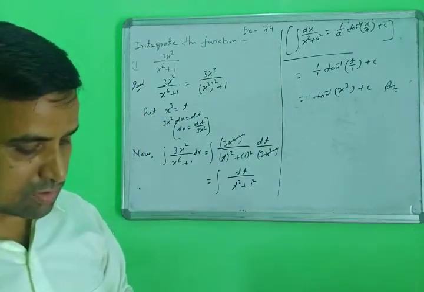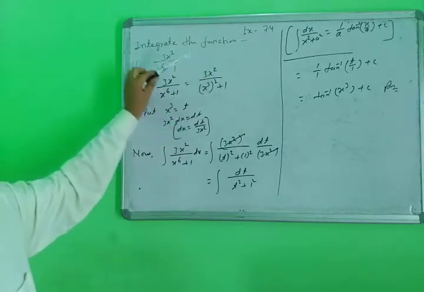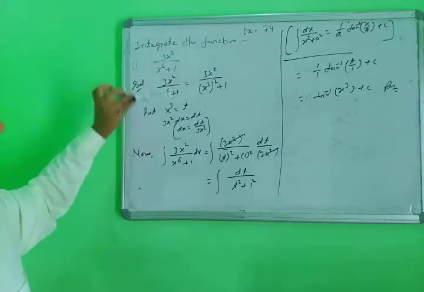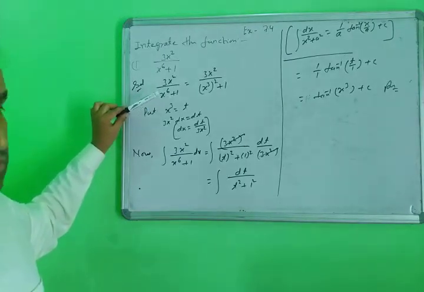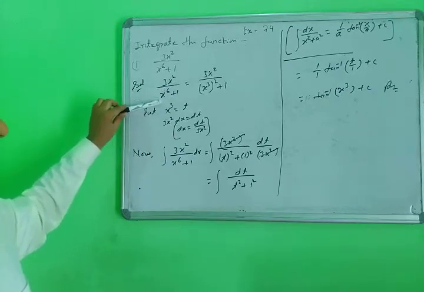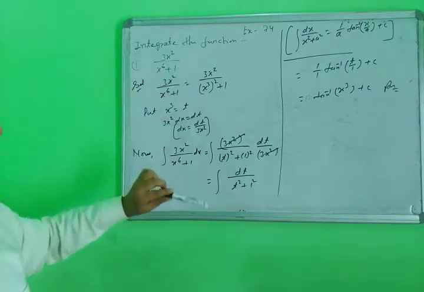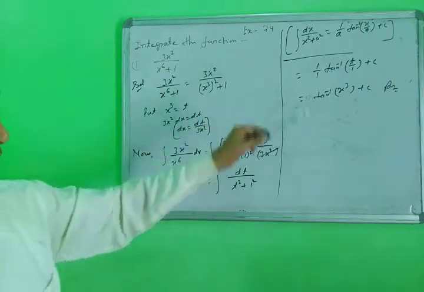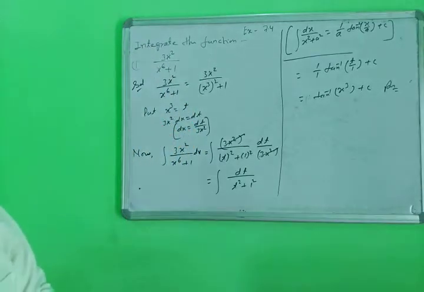A very simple question, but when you start the question, observe which identity to use here, what to substitute here, or whether any other identity is used. Suppose you break it down this way, then your question is very easily converted into this form. Then you integrate and find the value. Yes, now note down the next questions.